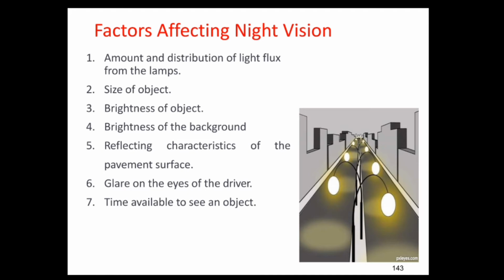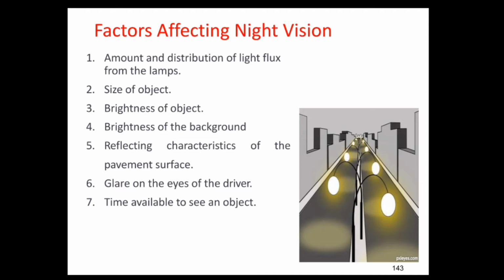Next, the factors affecting night vision. The majority of the factors affecting night vision are as follows. First is the amount and distribution of the light flux from the lamps. It is the total light which will be emitted by the lamps.